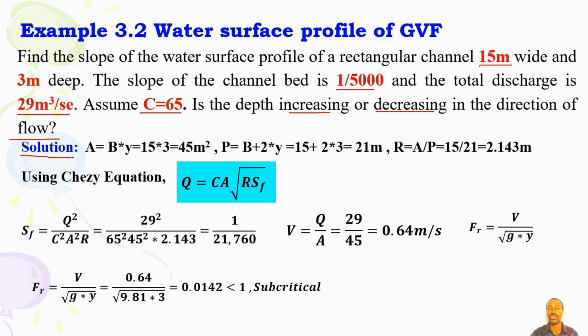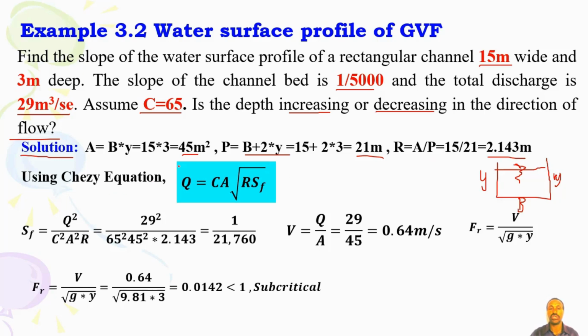For the solution, area is equal to B times Y because it is a rectangular channel. If you have B and Y, then you can find B times Y. This is the area. The perimeter is B plus 2Y, the perimeter of the channel touching the water. So the wetted perimeter is B plus 2Y. Hydraulic radius is area over wetted perimeter, you get this result.